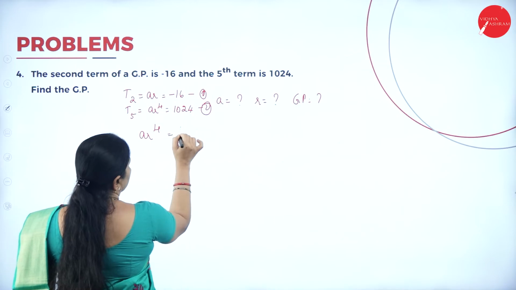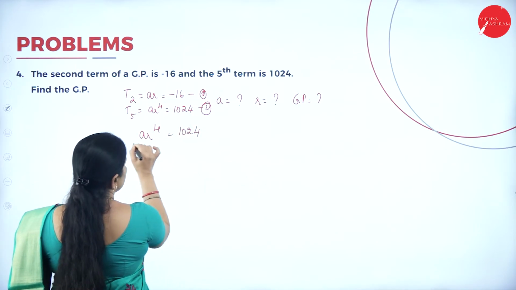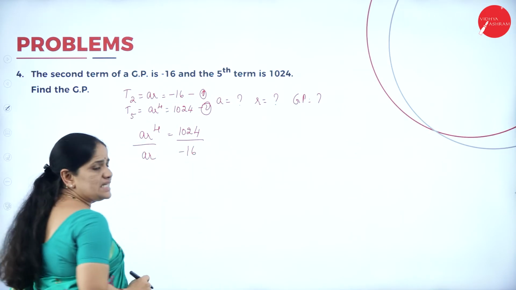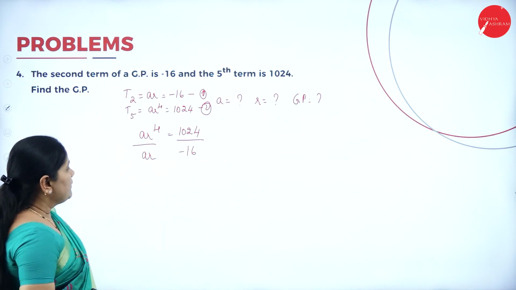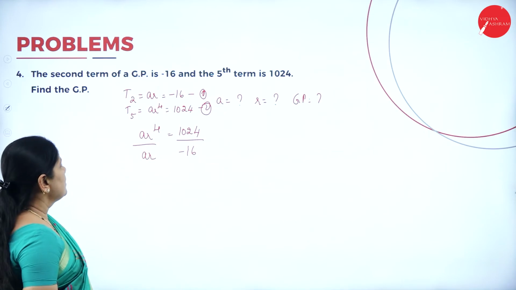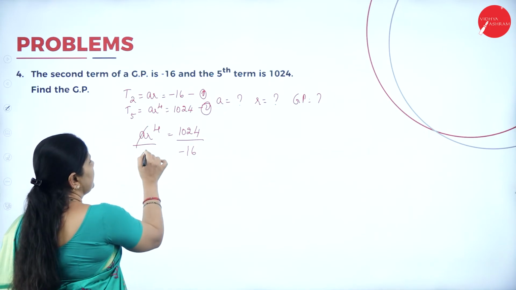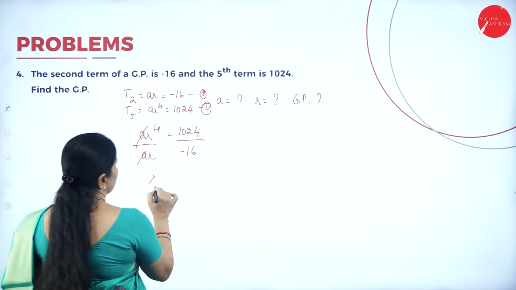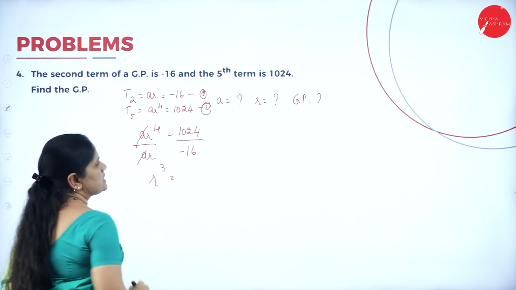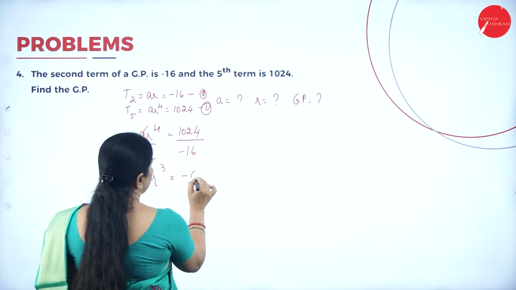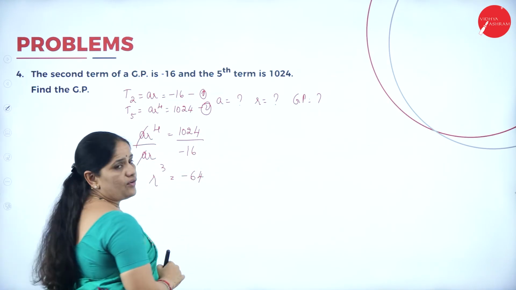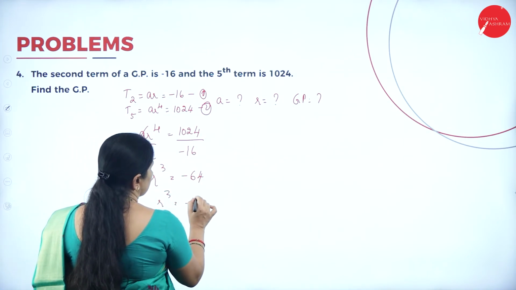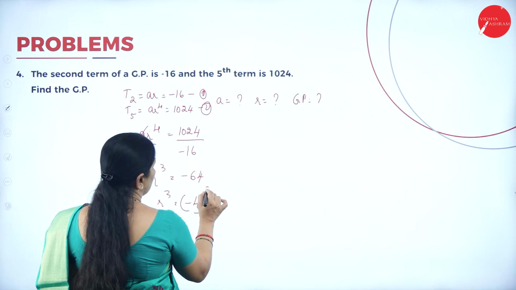AR to the power 4 equals 1024. AR equals minus 16. Now, when we simplify this, A gets cancelled. 4 minus 1 is 3, so R cube equals minus 64, or this R cube can be written as minus 4 the whole cube.